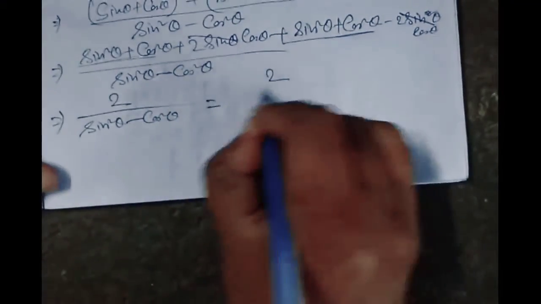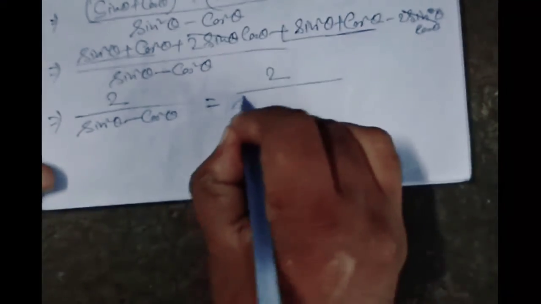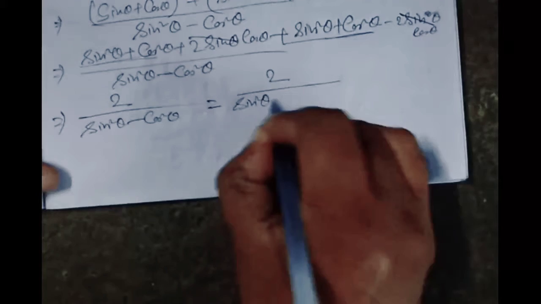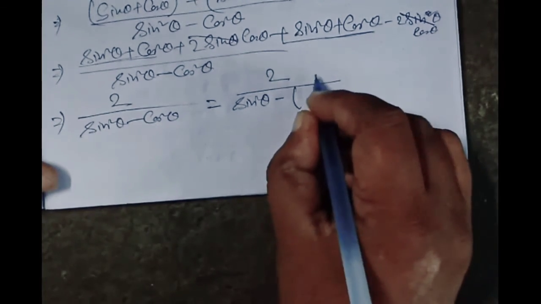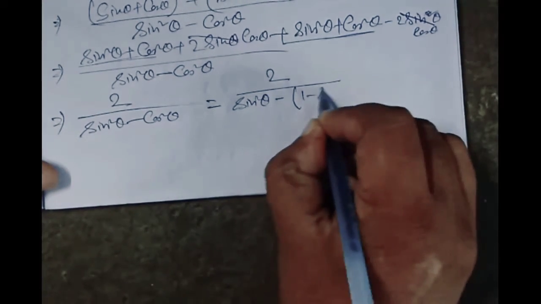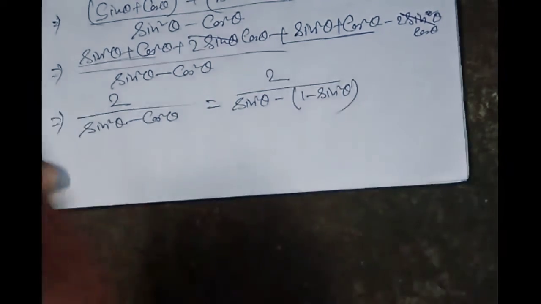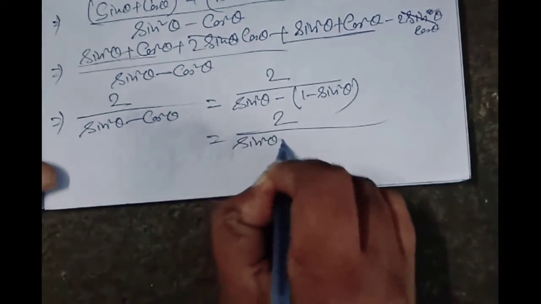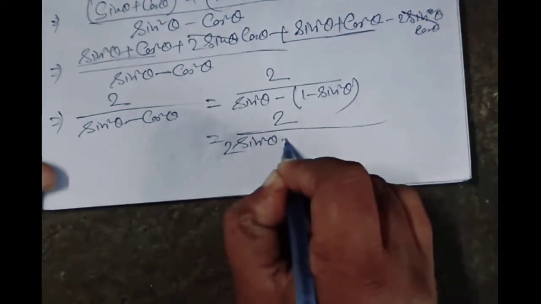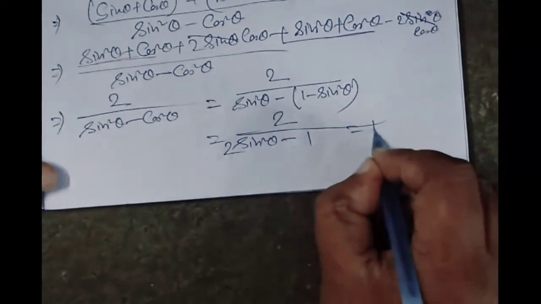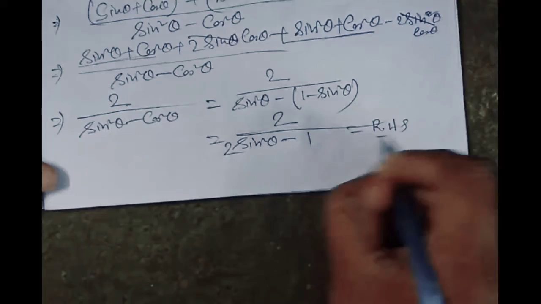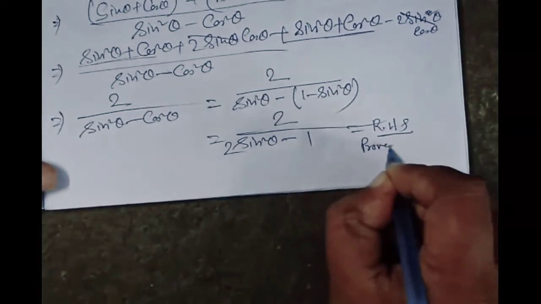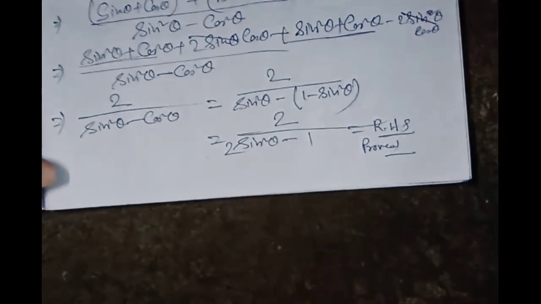Next, this is equal to 2 by (sin square theta minus cos square theta), which means 1 minus sin square theta, that is equal to 2 by (2 sin square theta minus 1). That's the other RHS proved. Okay.